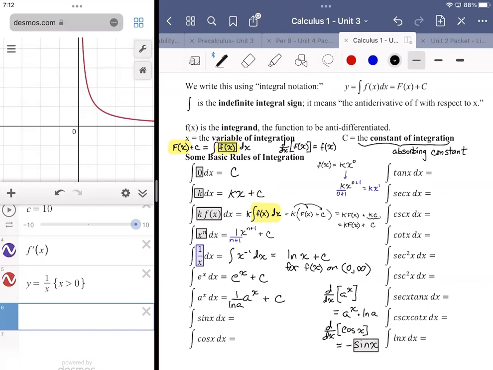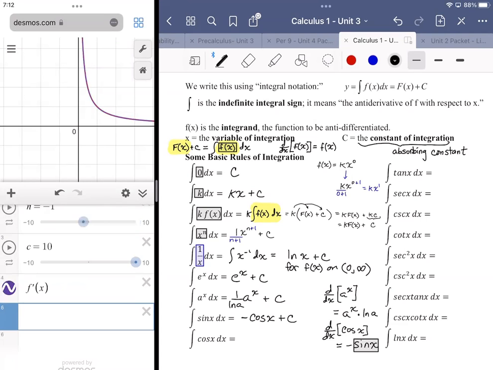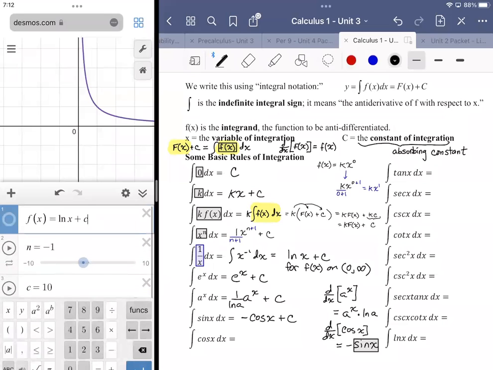The derivative of cosine is sine of x times -1. So perhaps if I go in the opposite order, sine's antiderivative would be cosine of x divided by -1, which I could just write as negative cosine of x. So reverse order.